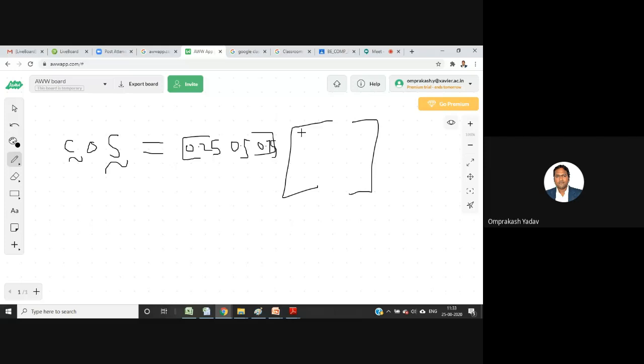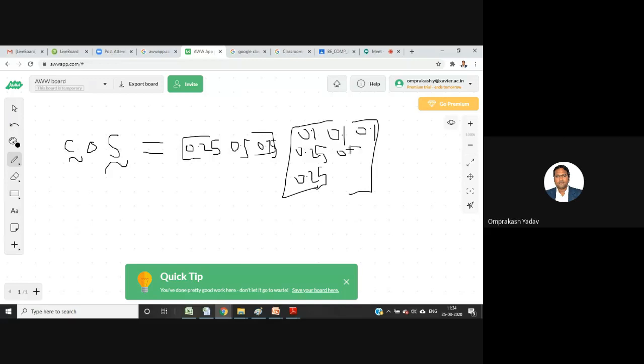Then here 0.1, again 0.1, then 0.1, 0.25, 0.25, right? 0.5, 0.5, and here 0.55, 0.75.